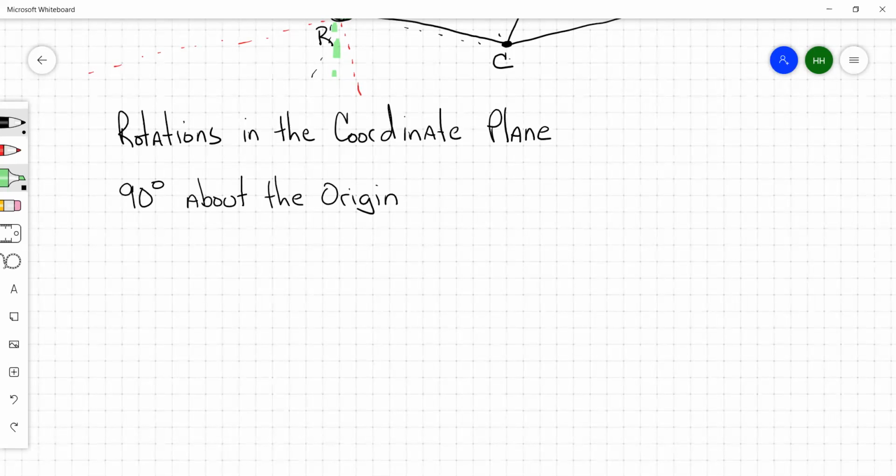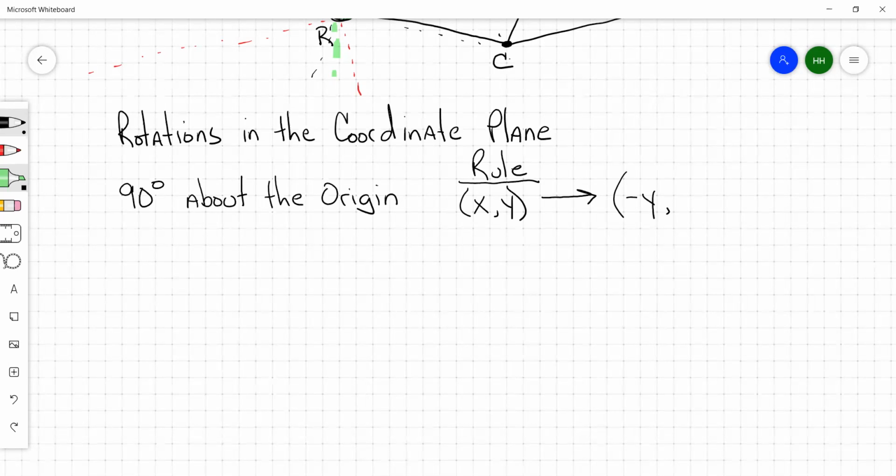If you're going to rotate a point in the coordinate plane 90 degrees about the origin, here's the rule. The rule is that for every x, y, after the rotation, your new x becomes the opposite of y.